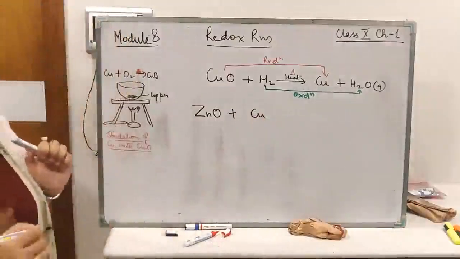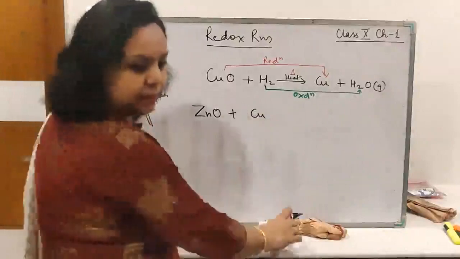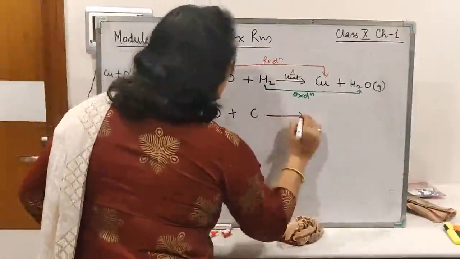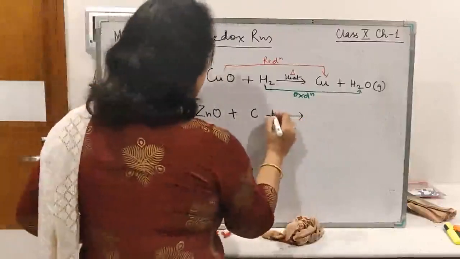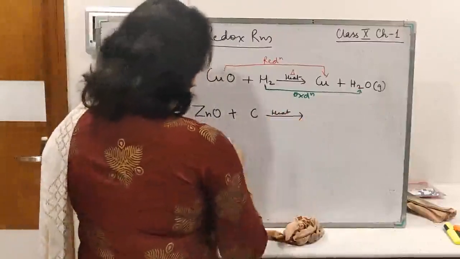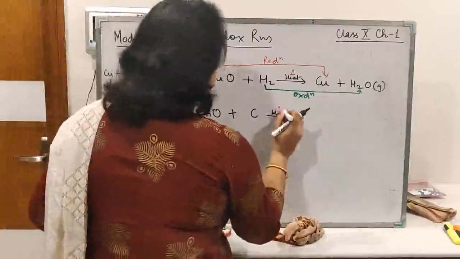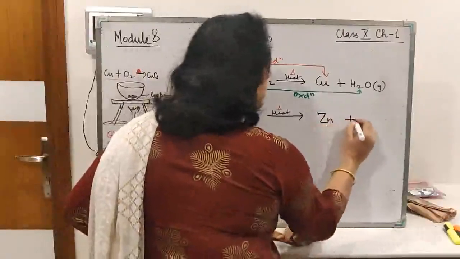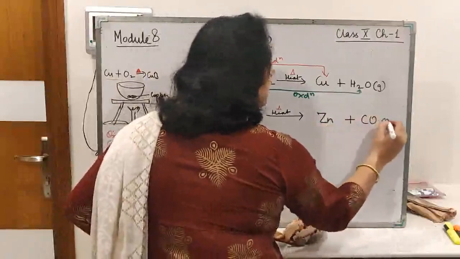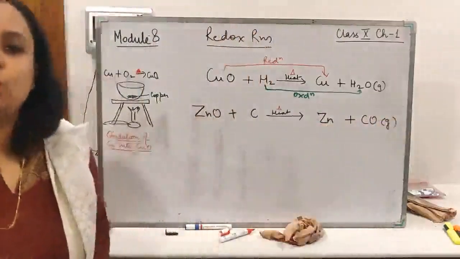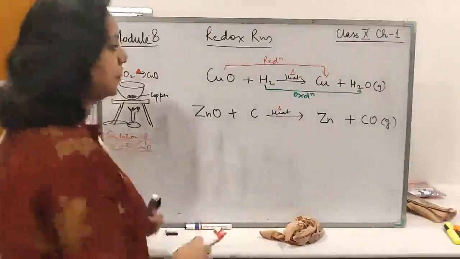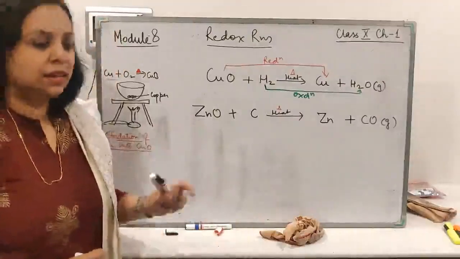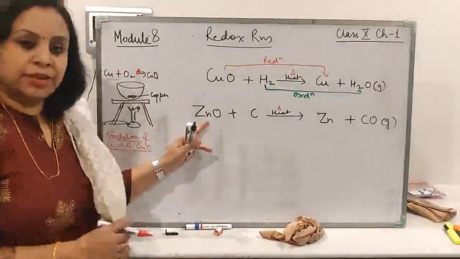Suppose heated zinc oxide is taken along with carbon to form zinc metal and carbon monoxide gas. Now, let us try to understand where oxidation is taking place.